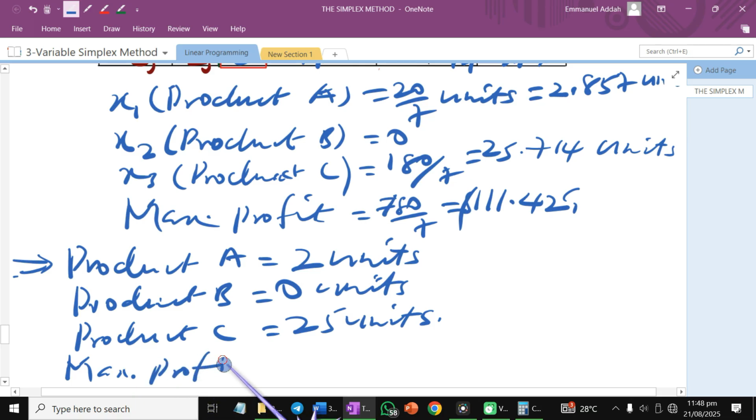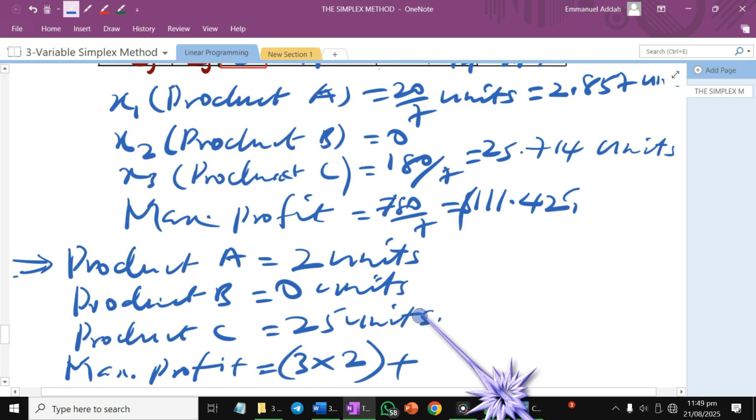And the maximum profit is equal to the unit price for A, which is 3, times 2 units, plus the unit price for C, which is 4, times the number of units, 25.